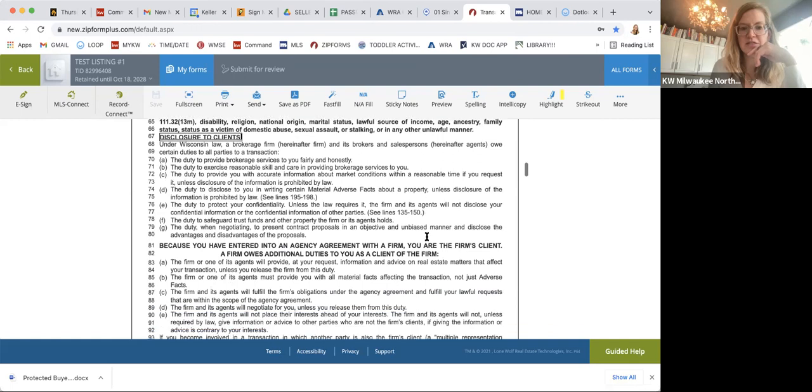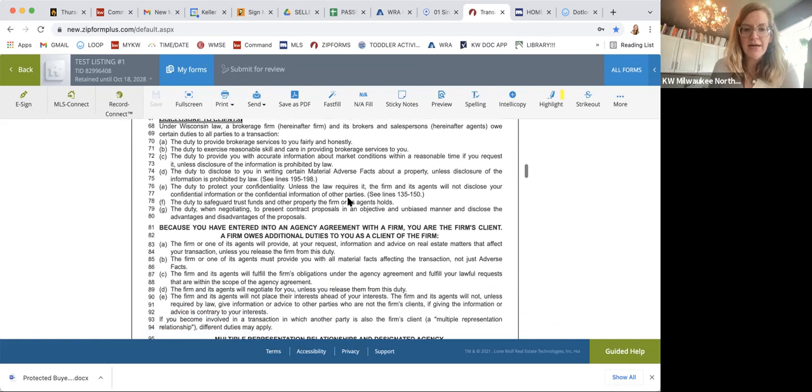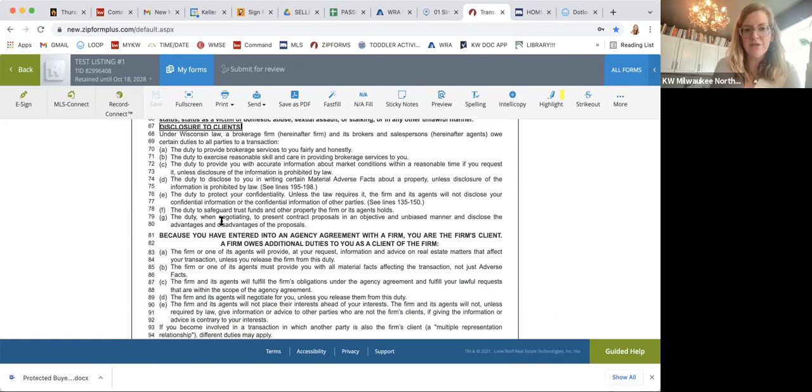Fair housing, disclosure to clients. So I say, these first 7 duties are what we owe to all parties in the state of Wisconsin. Most namely the duty to provide services to you fairly and honestly, and the duty to exercise reasonable skill and care.